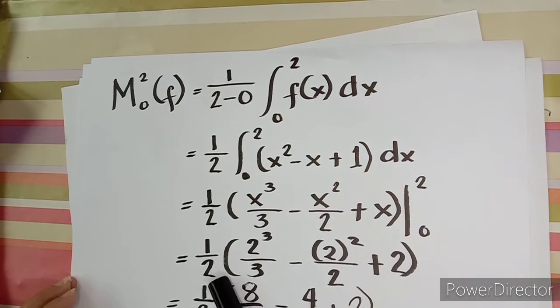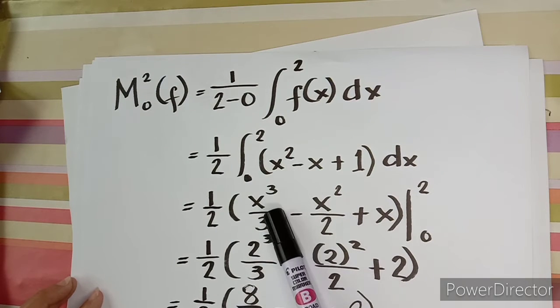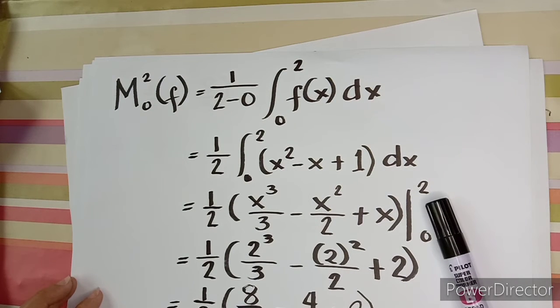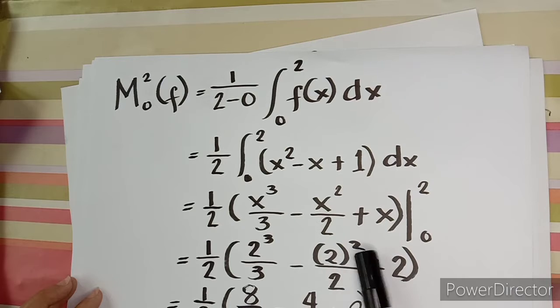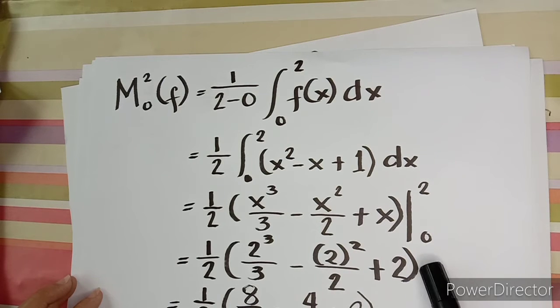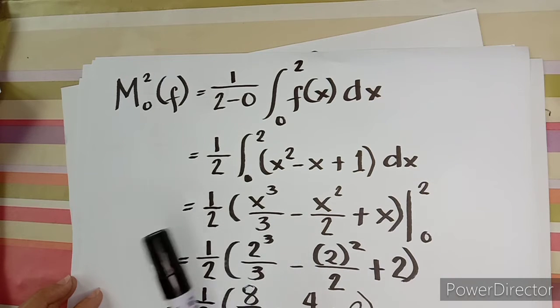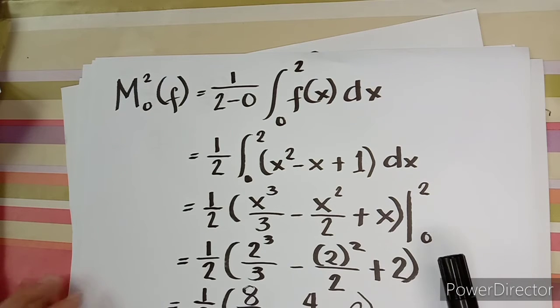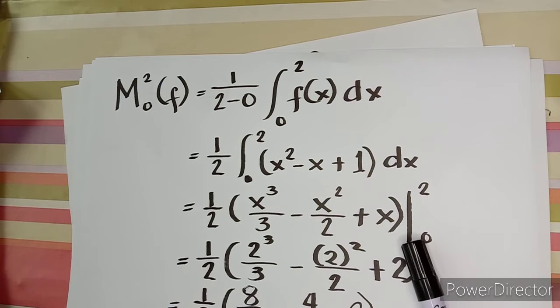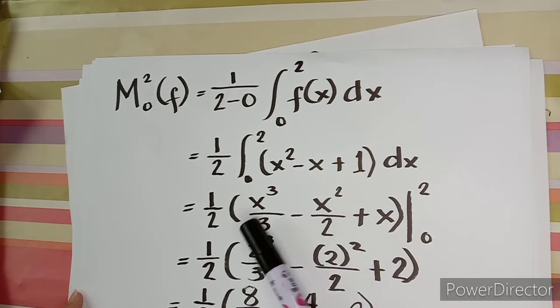So 1 half. Let us change the value of x into 2. So 2 cubed over 3 minus 2 squared over 2 plus 2. Originally, it should be minus the value at the lower limit, which is 0, but I didn't put it here because it will still result in 0.